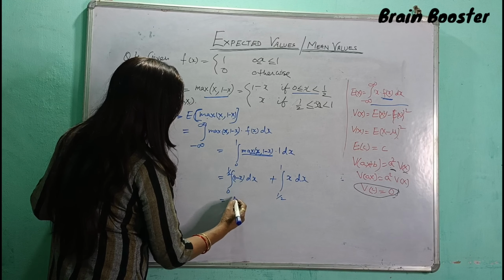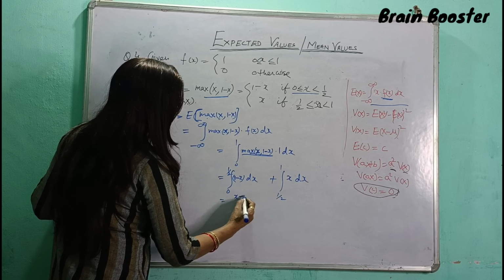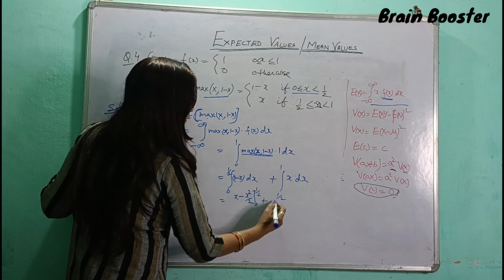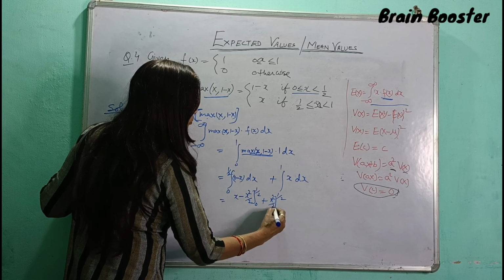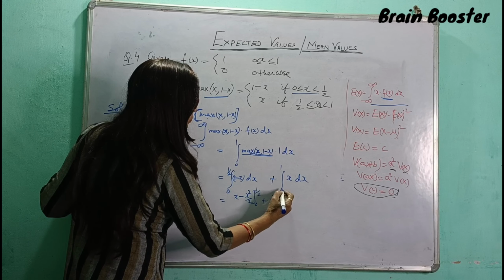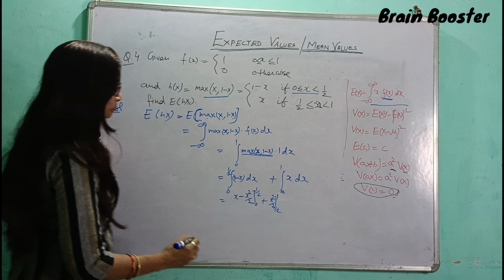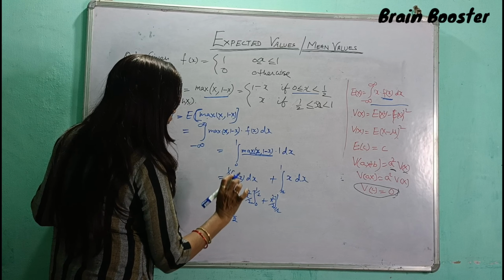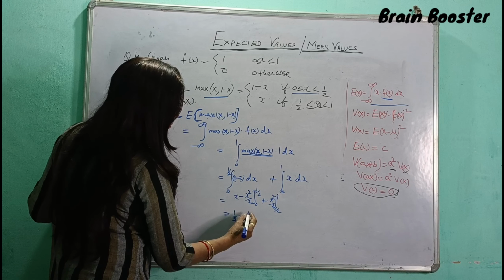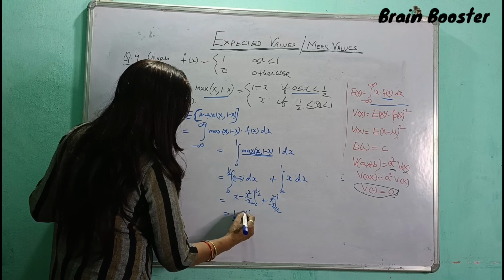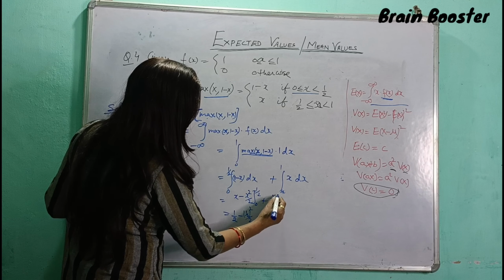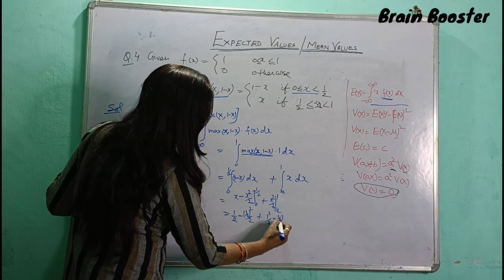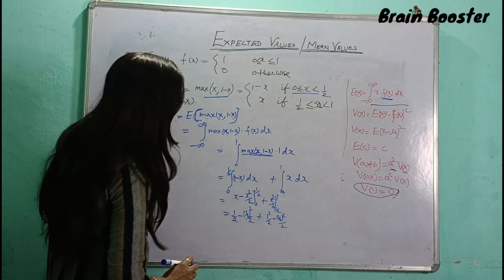The integral of 1 minus x dx is x minus x square by 2 from 0 to half, plus x square by 2 from half to 1. Now put the value half; putting 0 gives 0. Minus half square by 2, plus putting 1 gives 1 square by 2 minus half square by 2.